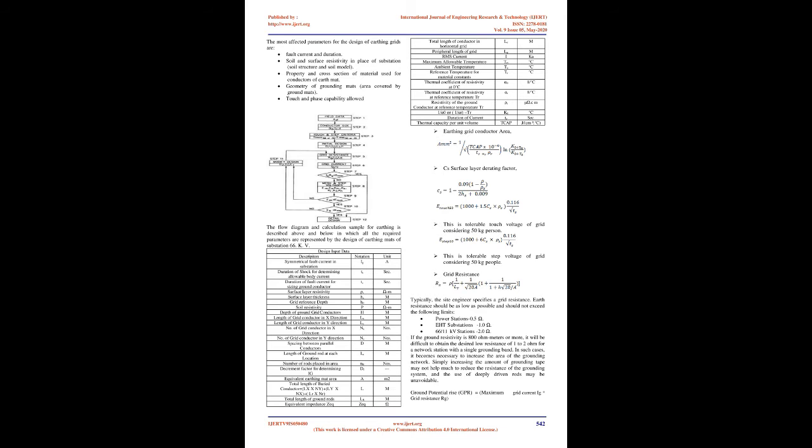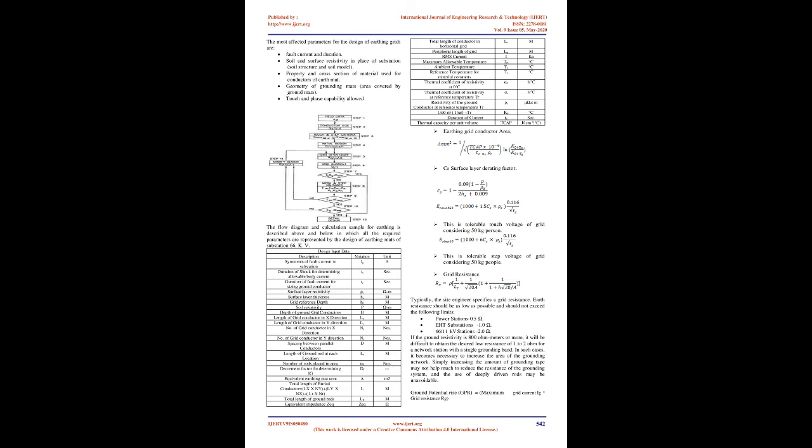Design input data: description, notation, unit. Symmetrical fault current in substation, IG, A. Duration of shock for determining allowable body current, TS, seconds. Duration of fault current for sizing ground conductor, TC, seconds. Surface layer resistivity, ρS, ohm-m. Surface layer thickness, HS, m.